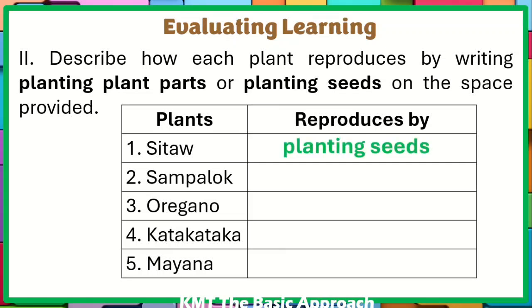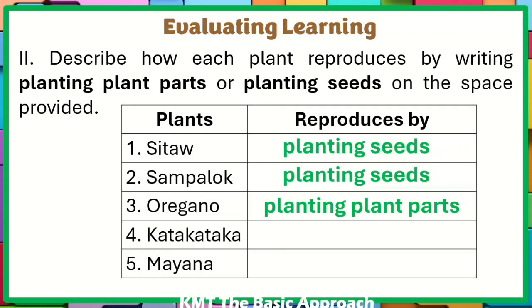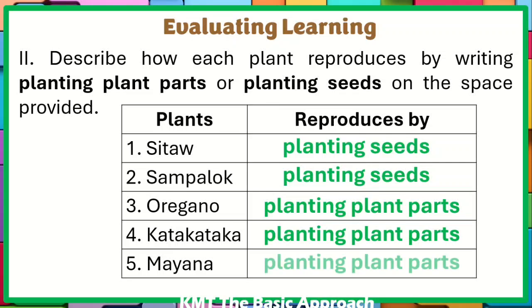Number 2, sampalok reproduces by planting seeds. Number 3, oregano reproduces by planting plant parts. Number 4, katakataka reproduces by planting plant parts. And number 5, mayana reproduces by planting plant parts.